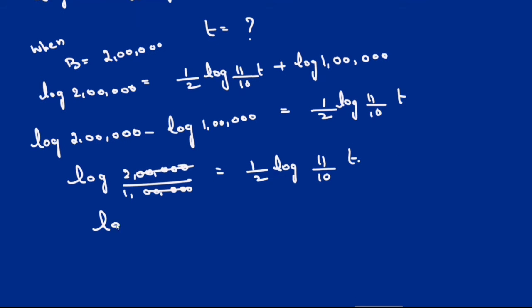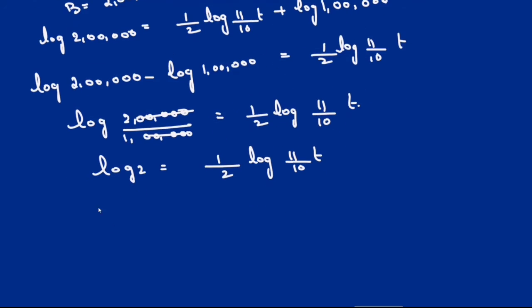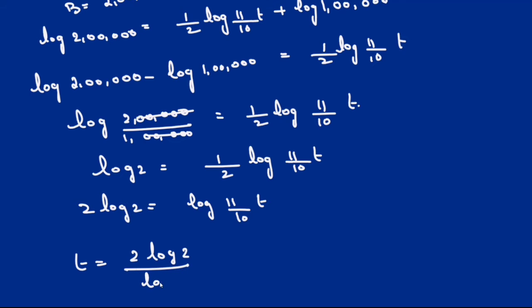Log 2 is 1 by 2 log 11 by 10 t. Take the 2 that side. So 2 log 2 is log 11 by 10 t. So t is equal to, we want t, isn't it? T is equal to, you can write log 2 square or 2 log 2 divided by log 11 by 10.